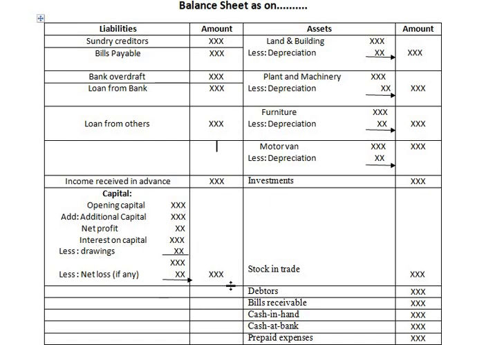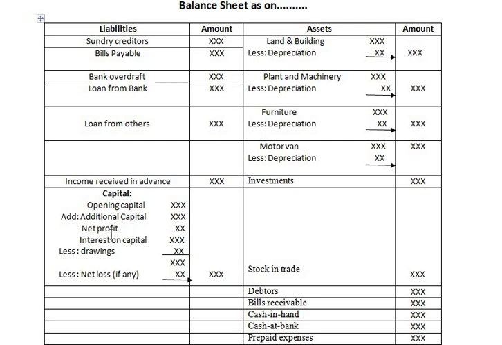I'll just explain this capital once again, pay attention. If you want to calculate the amount of total capital, you take the opening capital and add additional capital for the year. Any capital introduced during the year, apart from the opening capital, becomes additional capital. Add additional capital plus net profit.